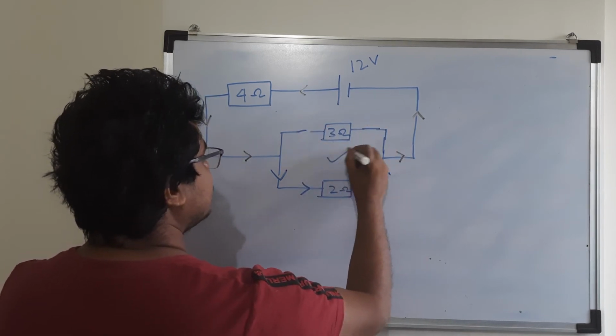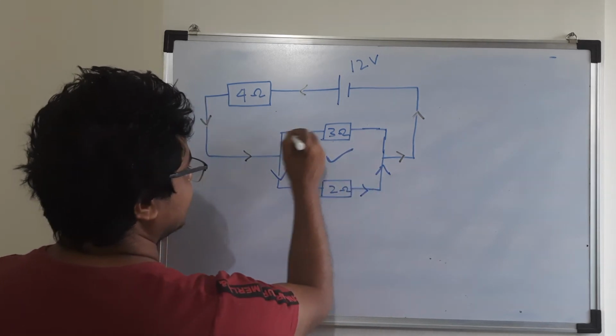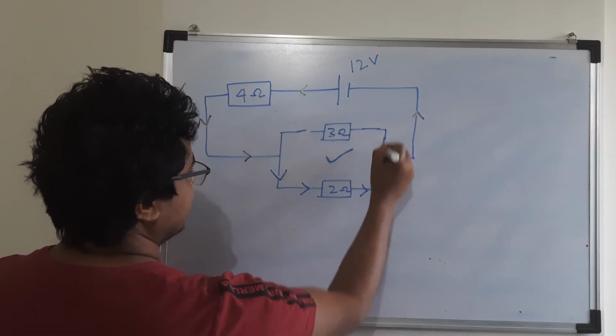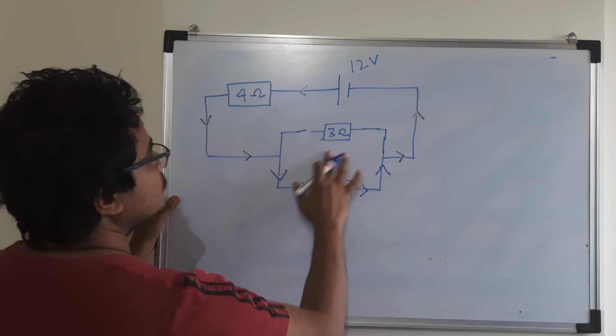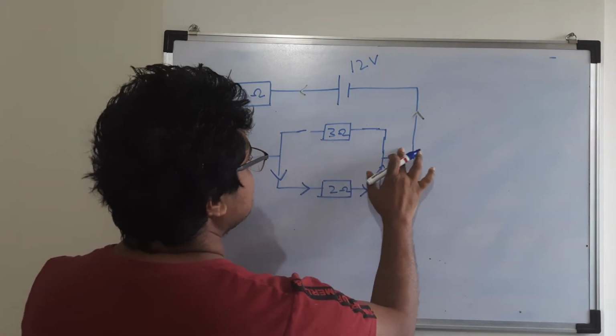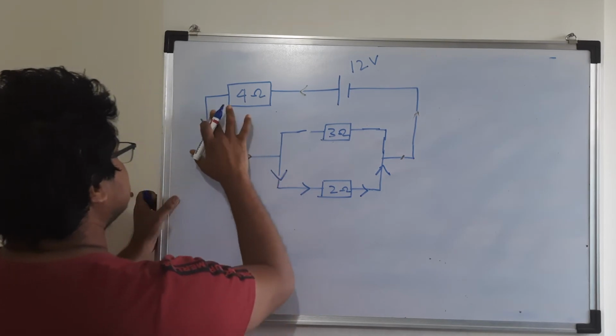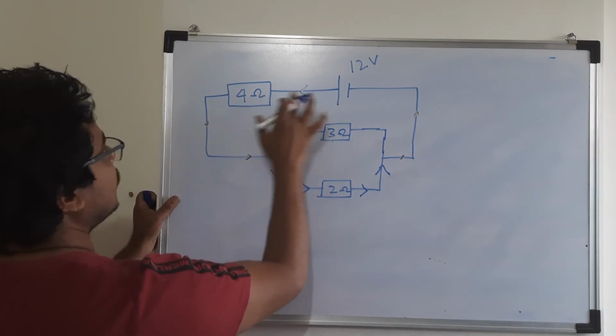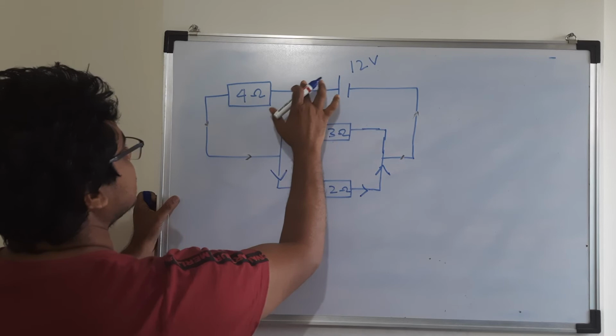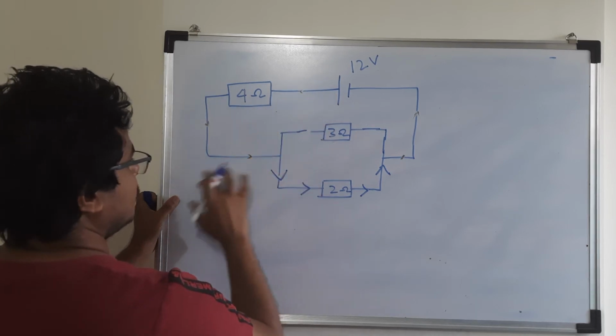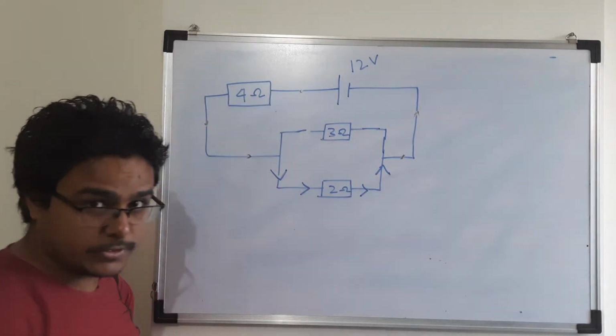And then the third one you can consider the inside one, this rectangle one, you can take that. So you have three loops, or else you can use one KCL and two loops. So number of unknowns and number of equations must be the same to solve the unknown.